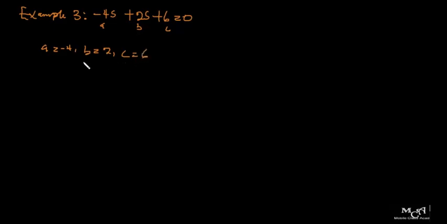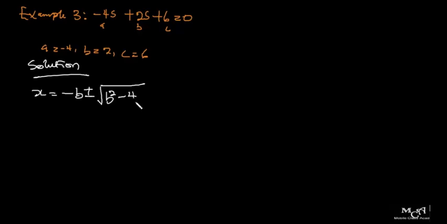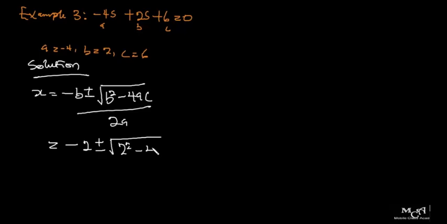Now let's write out our formula. Solution. Our x equals minus b plus or minus square root of b squared minus 4ac all over 2a. This will give us minus, what's our b? Minus 2 plus or minus square root of 2 squared minus 4.